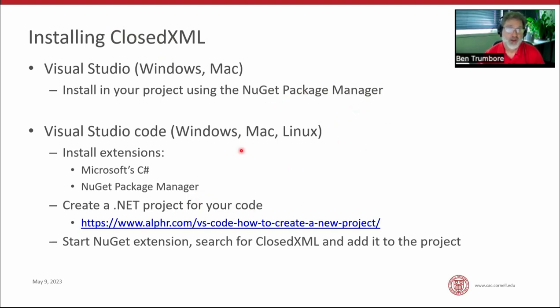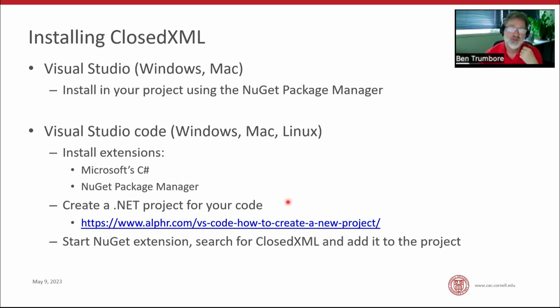And you can use the NuGet package manager if you're using Visual Studio Code, although it's not quite as straightforward. Now, while Code runs on Windows, Mac, and Linux, I'm not sure actually if they all allow you to install C#. C# is not installed by default with Visual Studio Code, nor is the NuGet package manager. So those are two extensions you'll have to add to your Code installation.